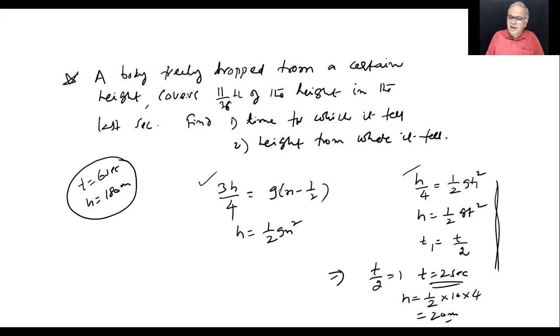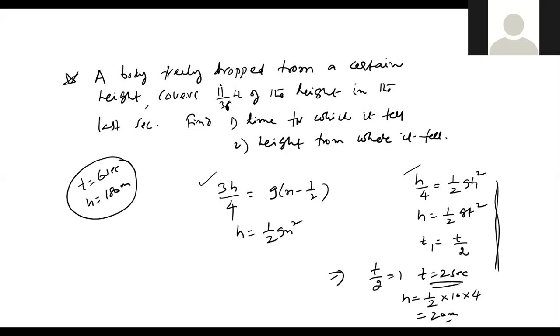So why is this taking time, Amar? Tell me, how did you start? I'll do it for you. Yes, sir. Because, sir, 15H by 36 is the T1 square. Sir, 11 by 36.